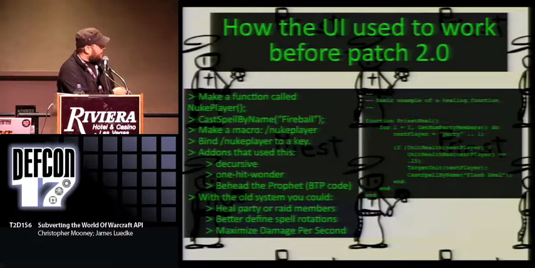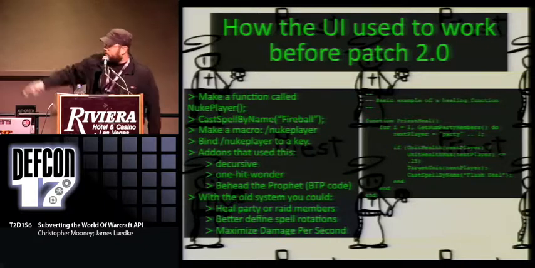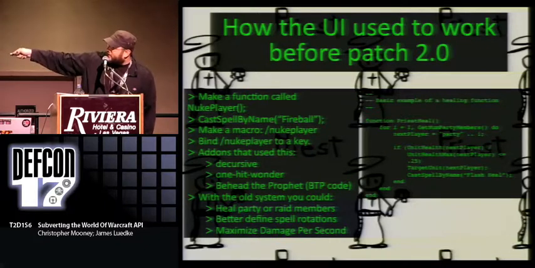It looks a little bit like this priest heal function. You go through your party members, determine who needs health, and then down here there's a target unit and a cast spell by name function.